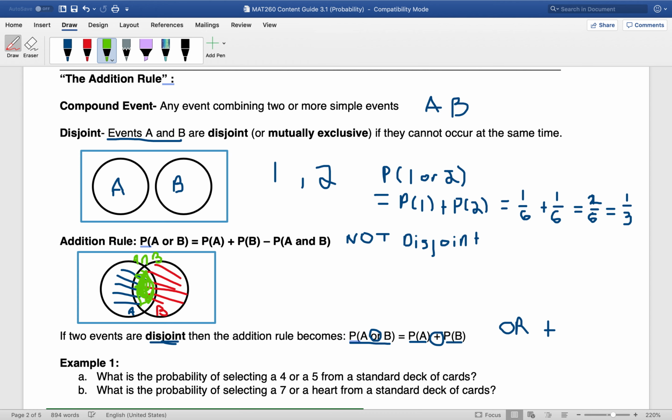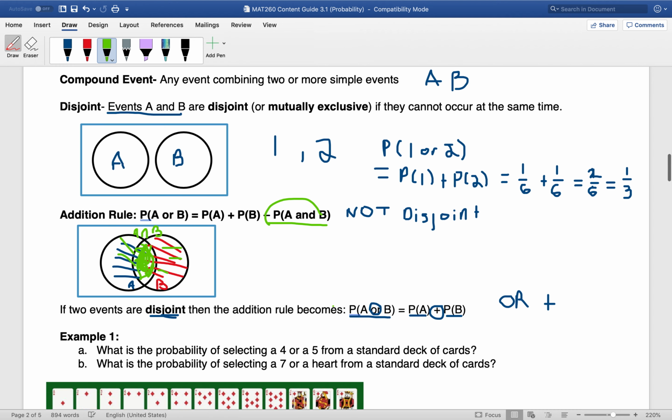Now because we counted this twice, we're going to have to subtract one of them out. So if we subtract it out once, that means we'll have A, we'll have B, and we'll have the middle counted once. So that is why we subtract this part out.